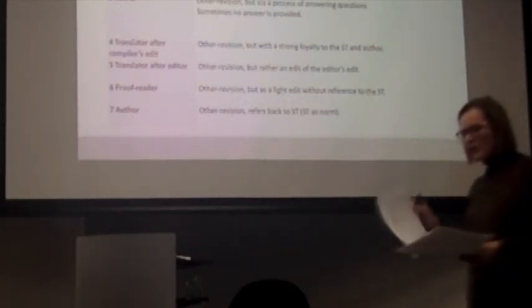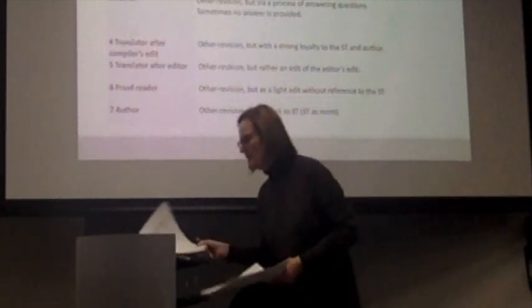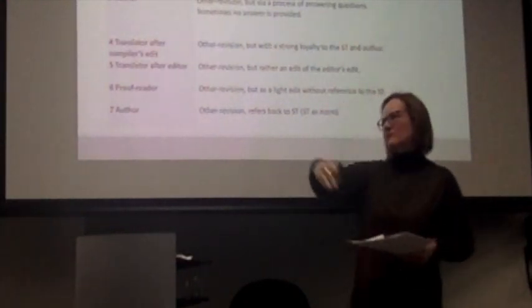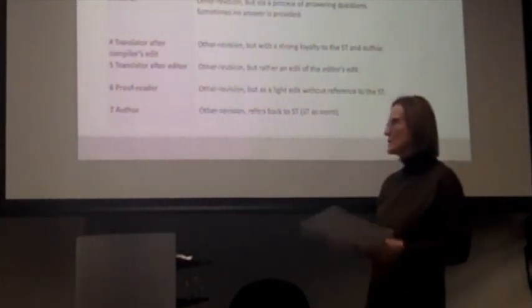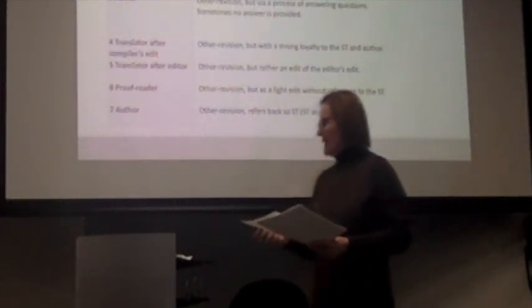So you see the complex workings going on. It's not a linear process. It's not a clear-cut self-revision, other revision. It's a total mess. So there we have our first and our main finding about self-revision versus other revision.